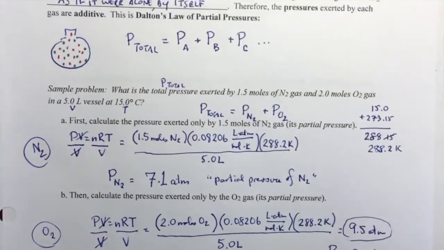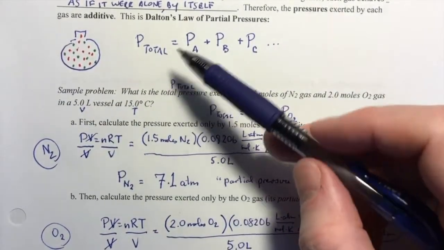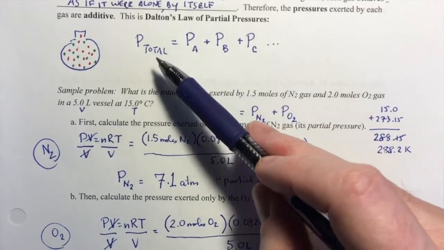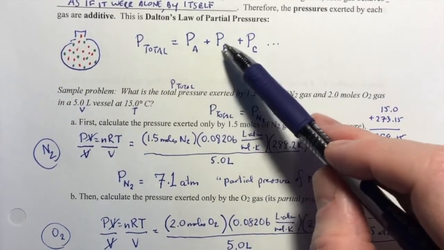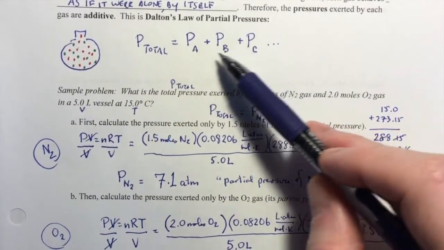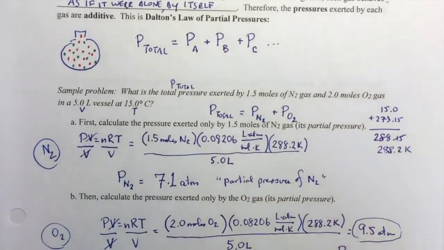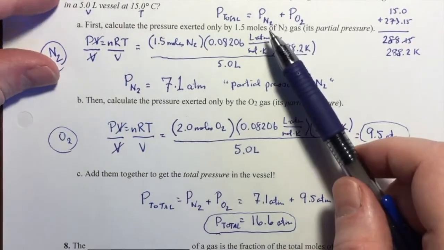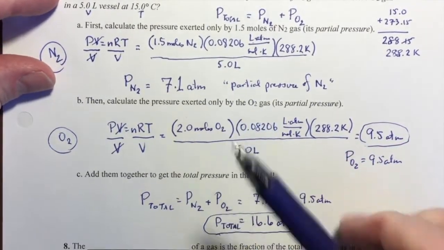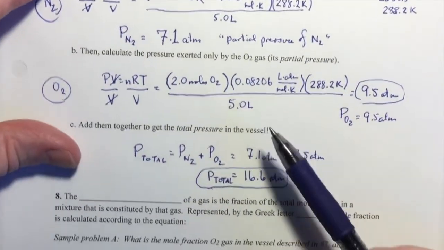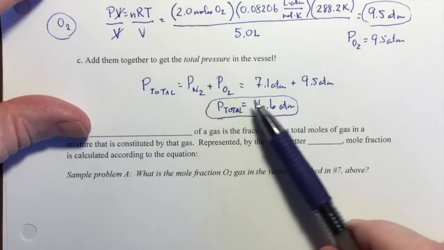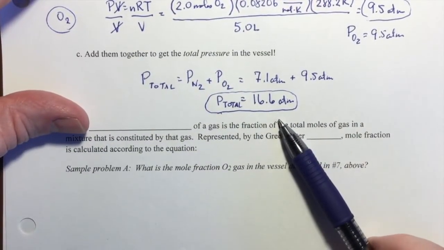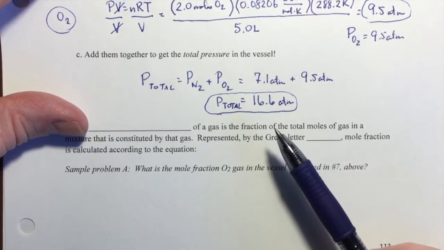Again, Dalton's law says that the total pressure in a vessel is just the sum of all of the individual pressures of the individual gases in the mixture. So to find the total pressure of a gas, we can just find the individual pressures of each gas and then add them all together, and we can get the total pressure in the container.